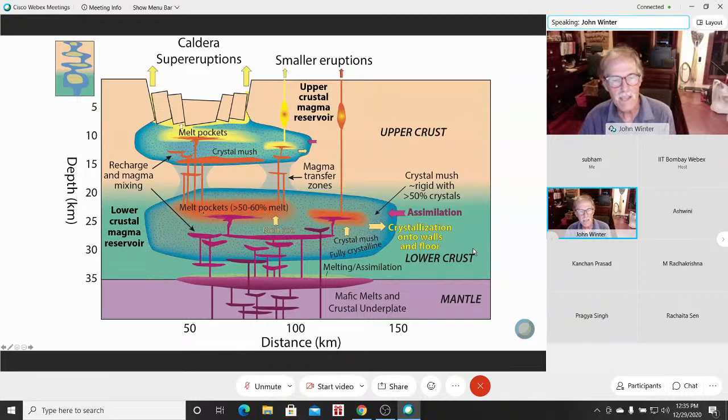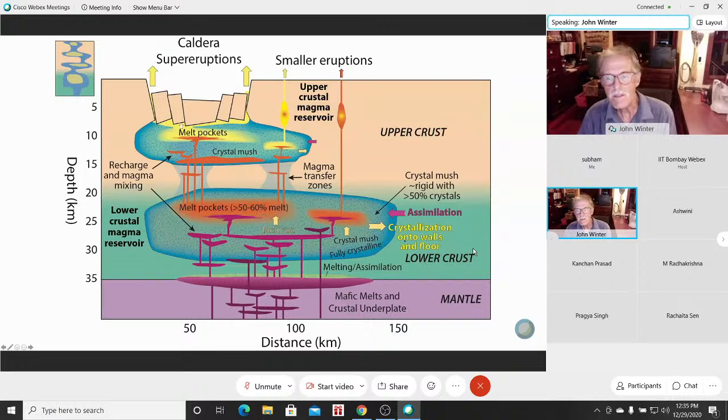And this would be a melt pocket, or more like the classic sense of a magma chamber. So these things keep adding. Again, magma mixing. This is entirely solid. This is progressively a higher percentage of liquid until finally you get something that is predominantly liquid anyway, 50, 60, 70% melt.